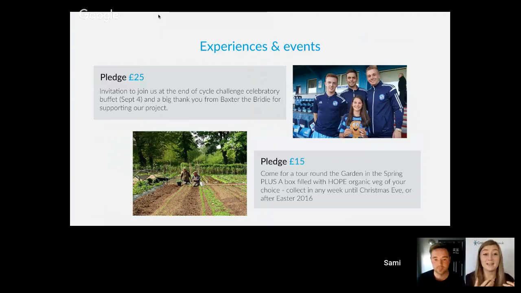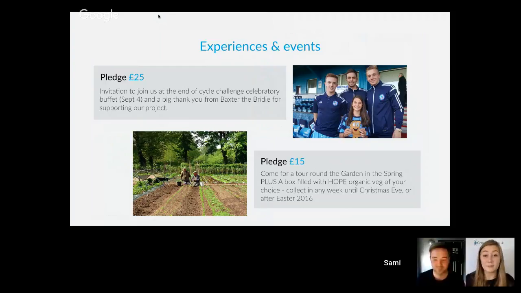So at the top, we've got £25 for an invitation to a celebratory buffet and a big thank you from Baxter the Bridie, I think I'm saying it. That's the Forfar Athletic Football Club's mascot. So that was an invitation to an event that they were holding especially for the Crowdfunder project.